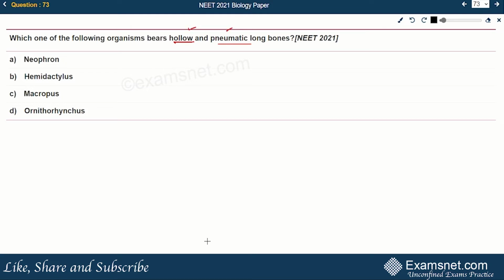So these are the characteristics of which class? Class Aves. Okay, that means all the birds will have such bones, right? Now let's see the options. First one is Neophron. So Neophron means vultures. Okay, so vulture is a bird, therefore it will have such bone, therefore A will be the correct option.